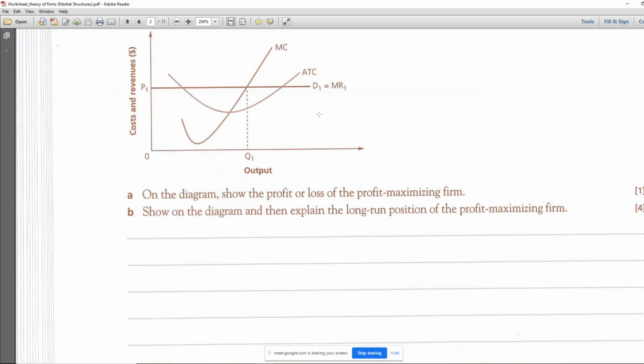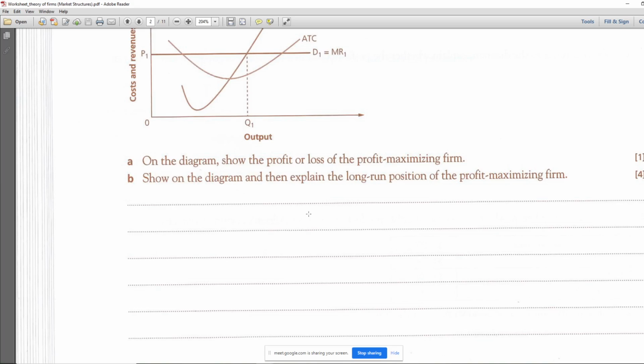So this demand curve will move down until it hits the lowest point of average total cost. That is where we earn normal profit. So that is the long run.